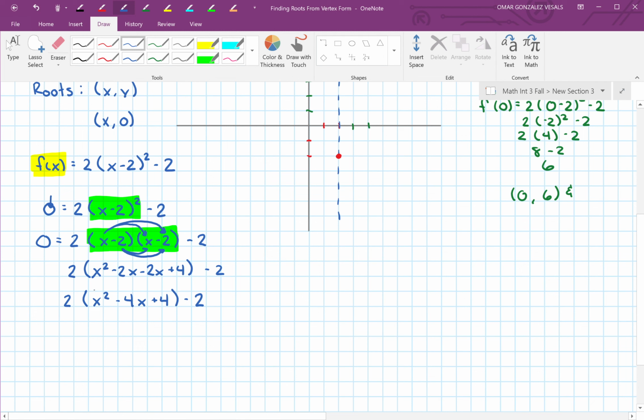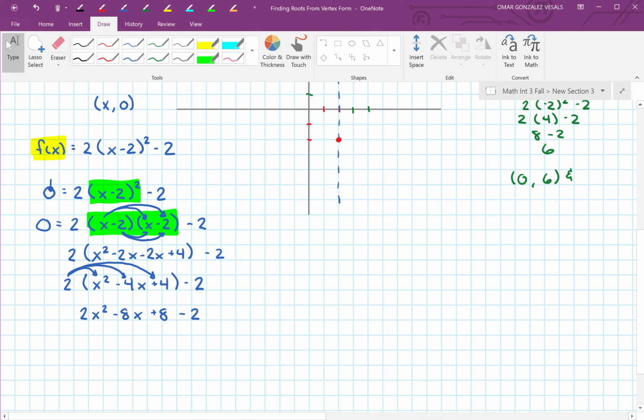So 2 times x squared and I still have the minus 2 on the outside. Any questions so far? Because we're about halfway there.